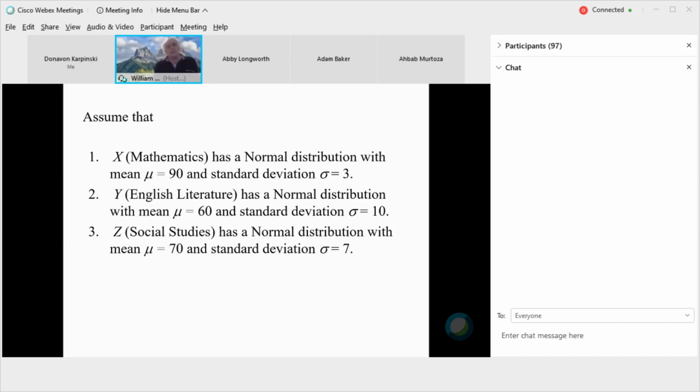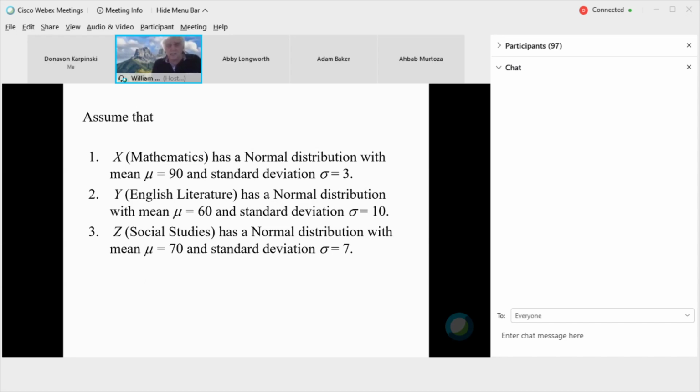Suppose, and this depends on the student, the mathematics test score comes from a normal distribution, mean 90, standard deviation 3. The standard deviation will depend on how hard the test is, okay? The mean will depend on how good the student is in that subject.